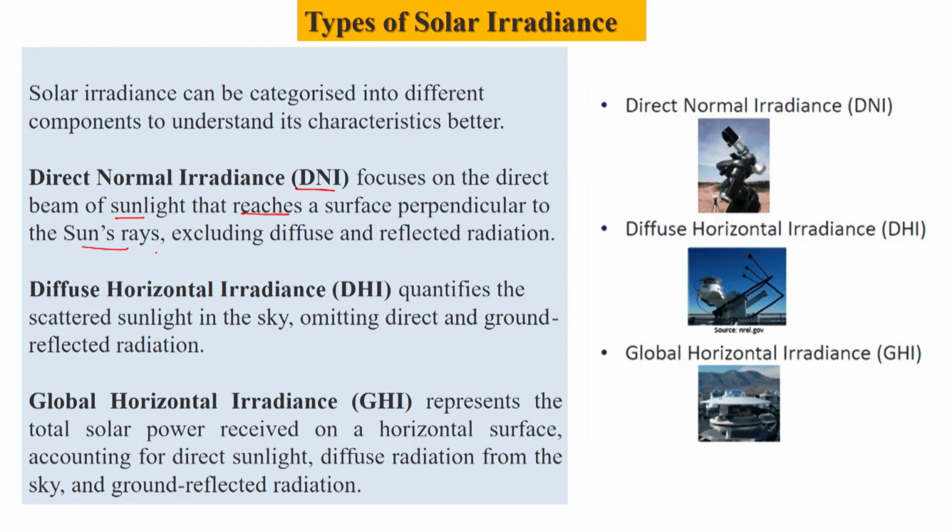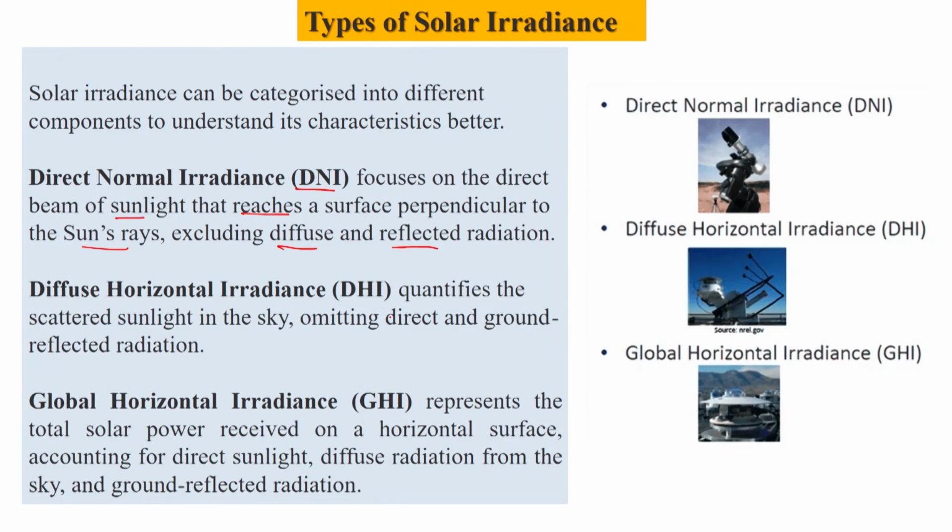So when you are focusing the pyranometer, I think it's called, perpendicular to the rays, the sunlight that is reaching the surface is perpendicular to the sun's rays. This means it will exclude the diffused and reflected radiations, because in that one you will see less path.